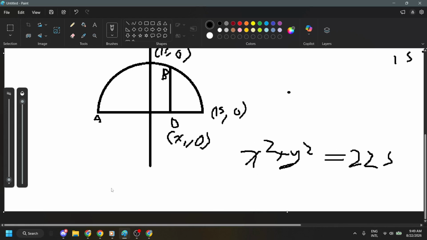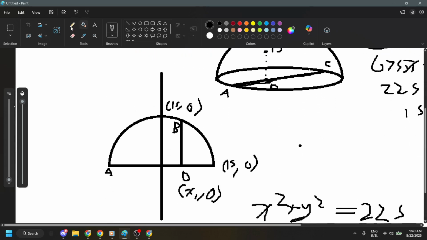We know that AD is going to be 15 plus x1, and that is equal to 2 times DB, which is y1, where this point is x1 comma y1.